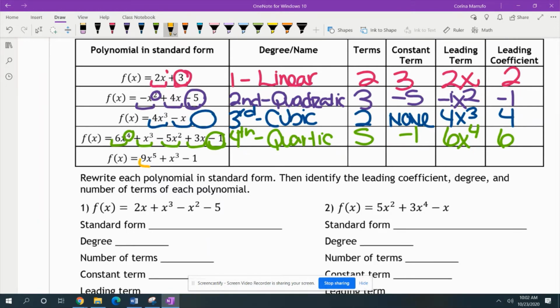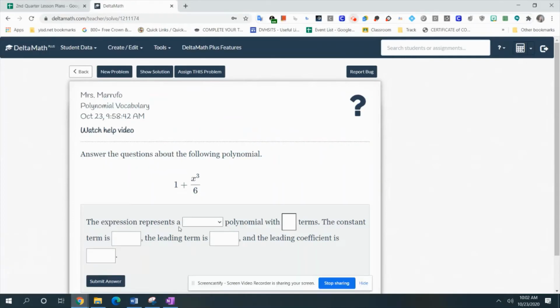So here we have 9x to the 5th power plus x cubed minus 1. Okay, so this is the 5th degree. Okay, and then I hope I spell this right. This is a quintic. Let me just make sure real quick. Yes, okay.